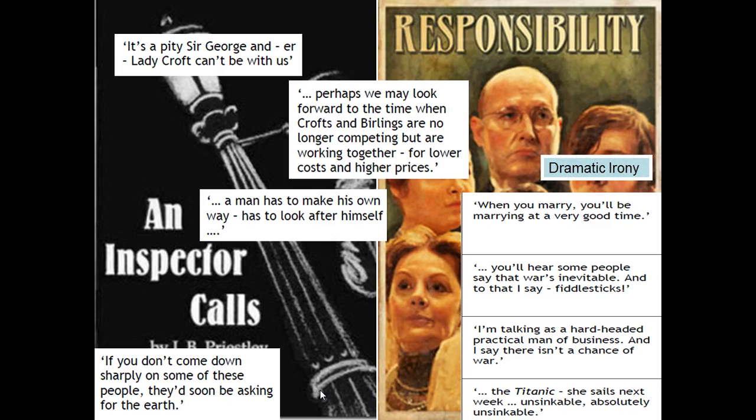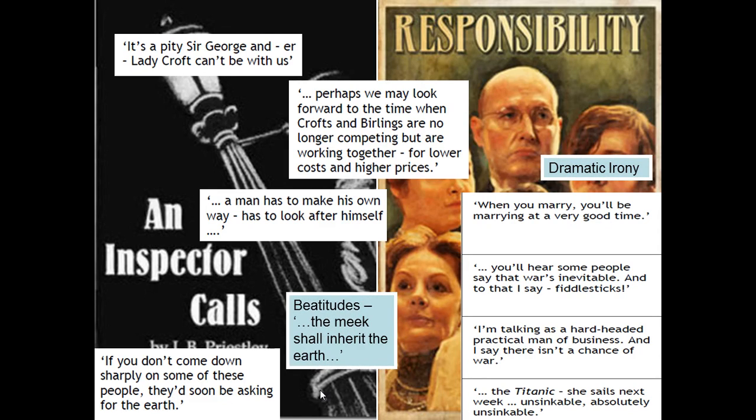Priestley is a left-wing writer. We've established that. The audience he is writing to have just sat through two world wars. There'll be devastation, some bombed out theatre you're watching this play, and the country is just gathering itself and realising the enormity of what has happened over the past 20 years.